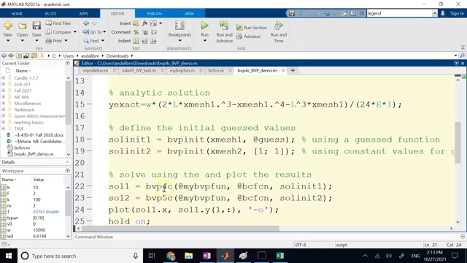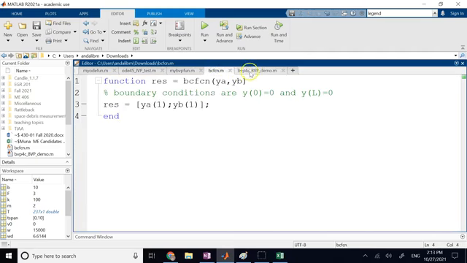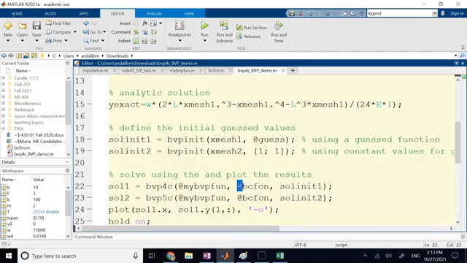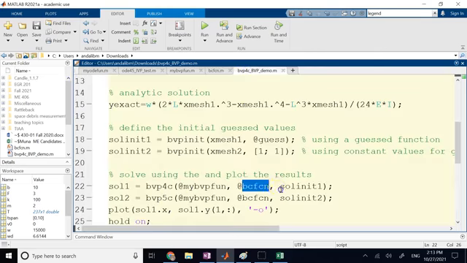They are using the same method except for the order of it. What you need to pass to this solver is what? The functions that are governing your differential equations, which we already defined. You also need to pass, again with another @ sign, the functions that describe your boundary conditions, which we already have defined. And you need some initialization.